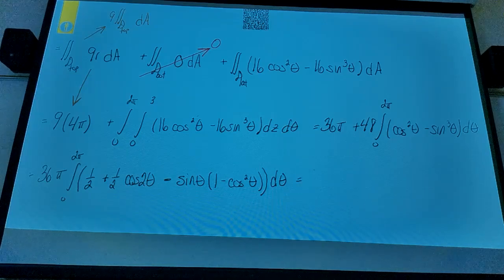Let's write it this way. That should be a plus attached. There should be a 48 as well. So that's that.